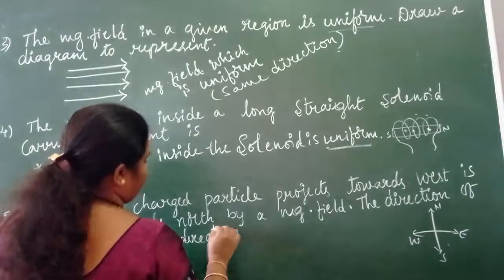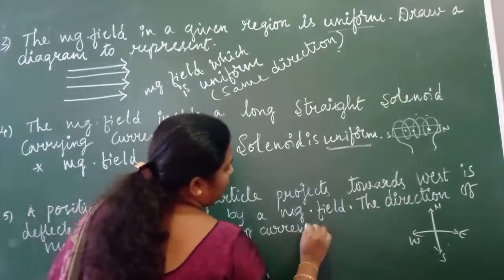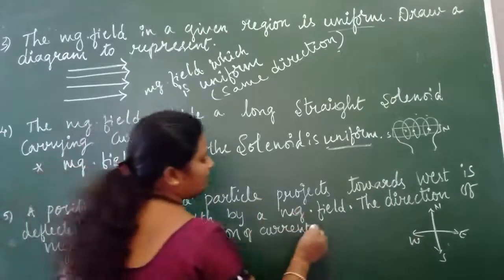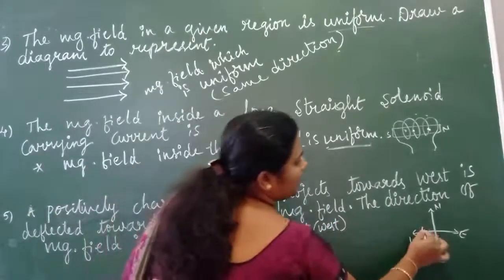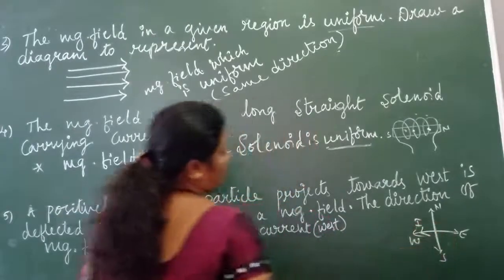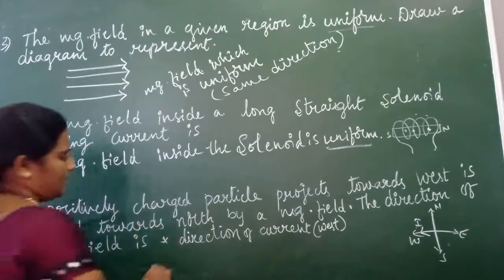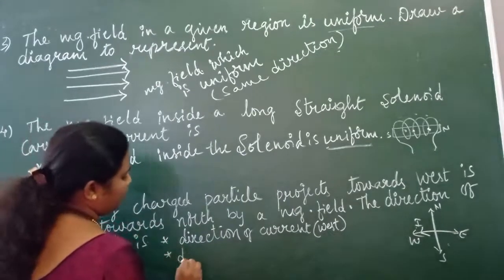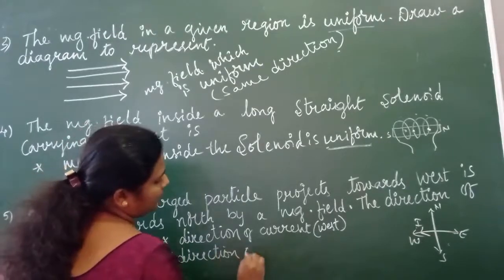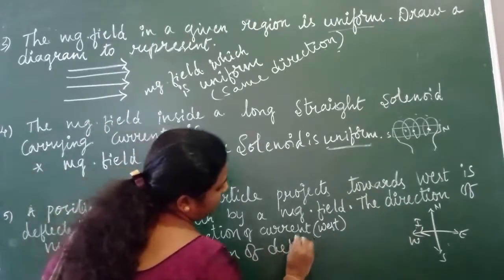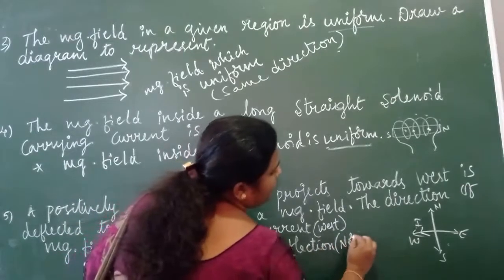Direction of current is nothing but an alpha particle which is moving towards what, children? West direction. So in this direction the current is moving, and the deflection is towards north. So what is the direction of deflection, children? Direction of deflection is towards the north.